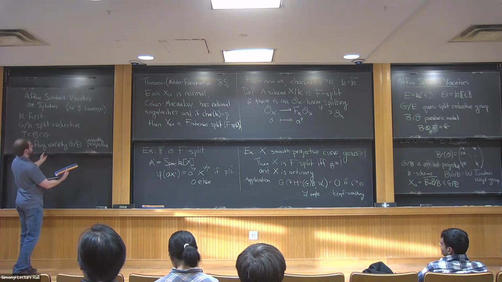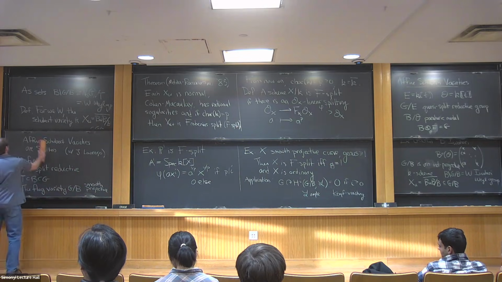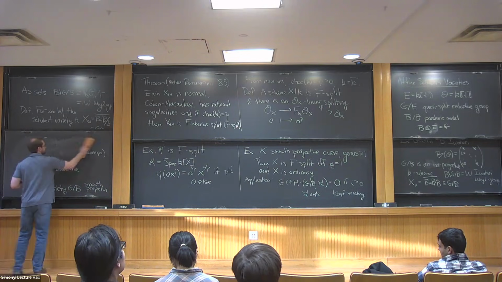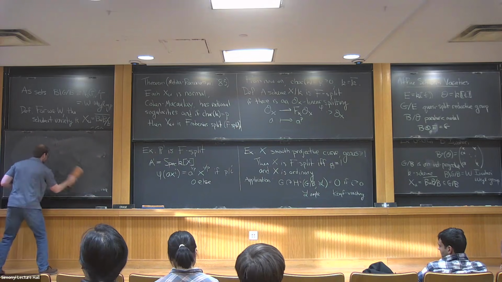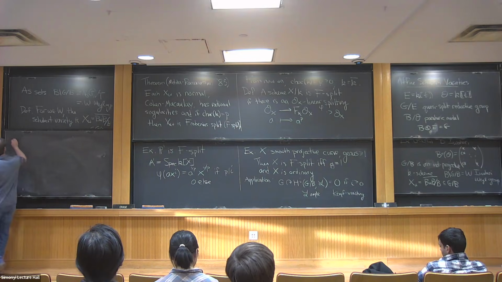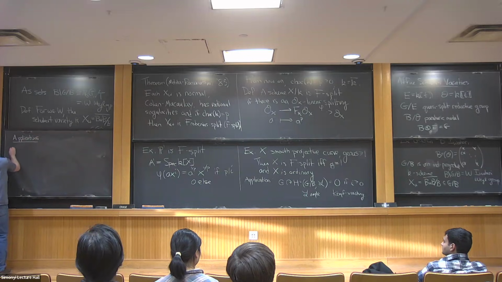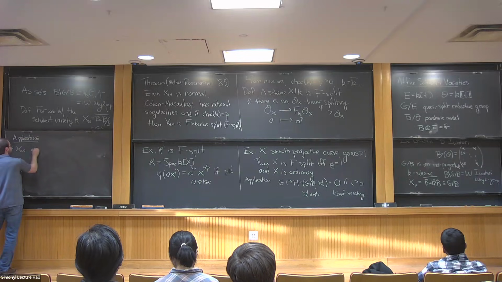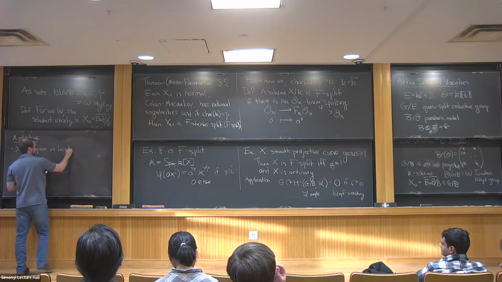So one place they show up is in local models of Shimura varieties. So there are many reasons why people study affine Schubert varieties, but one reason is that these X_w appear in local models of Shimura varieties.